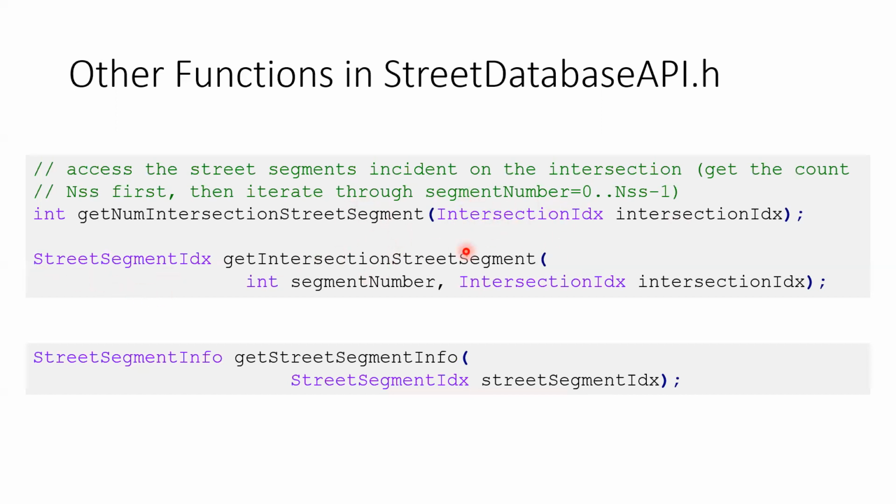And get intersection street segment will return the street segment index for each of the street segments connected to the intersection using a segment number. And get street segment info will then get the info for the street segment from the street segment index returned from this function.